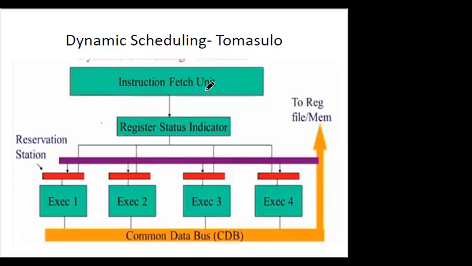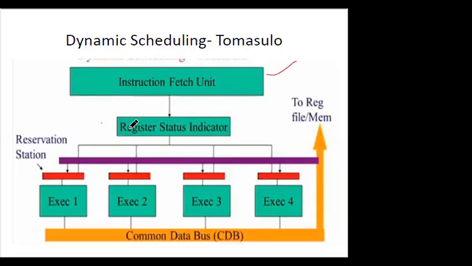Suppose for carrying out the pipeline, first we have to fetch the instruction. This is the instruction fetch unit, and it is not necessarily fetching a single instruction. As in pipelining, it can fetch multiple instructions for the superscalar architecture. Right now, for the sake of the example, consider that it is fetching an instruction.